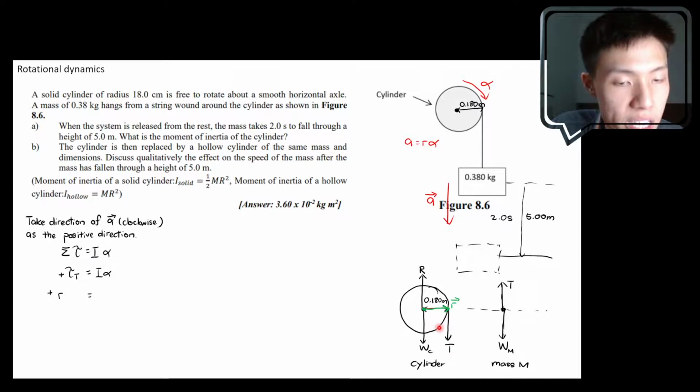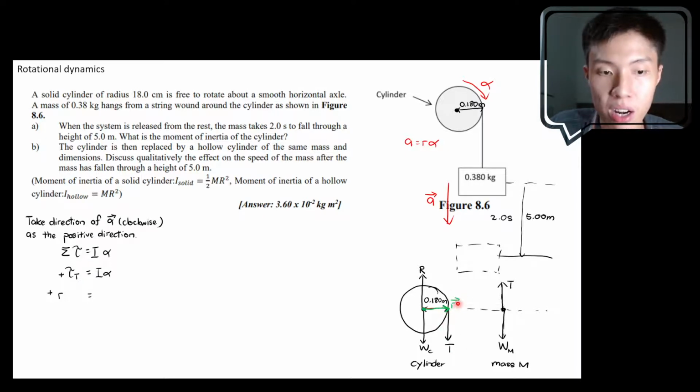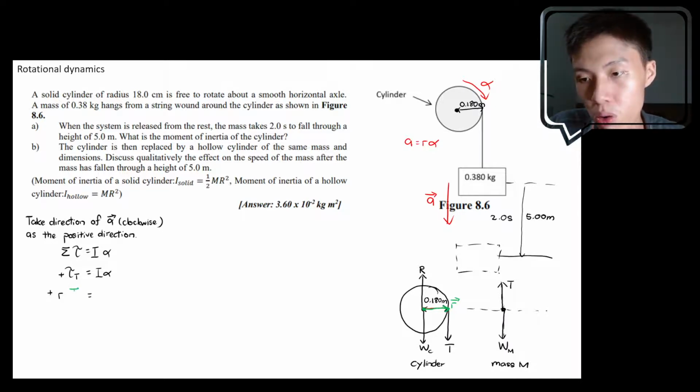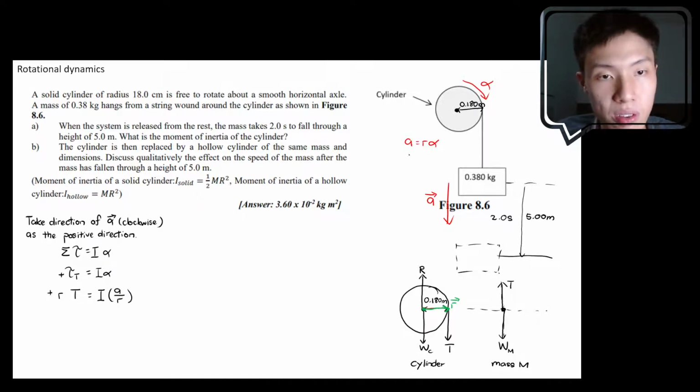Well, the whole tension here is perpendicular to R. There's no parallel component of tension to R. The whole tension here is perpendicular to R, so you can just substitute tension over here. So this whole thing here is just tension. You don't need to resolve any components here. And now this is I, and alpha we know can be related to A divided by R. Over here you can write A divided by R equals alpha.